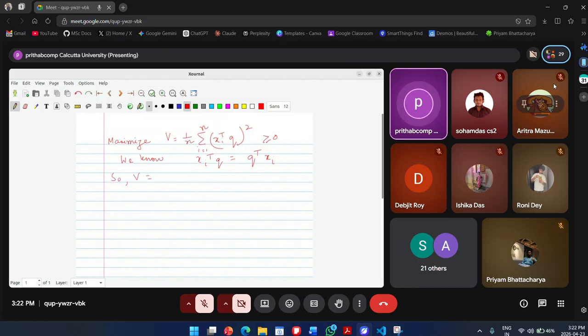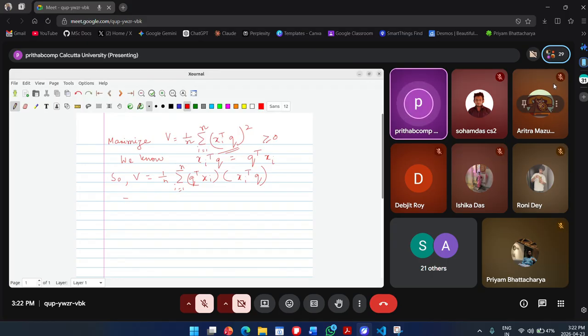So we can write v equal to 1 by n summation i equal to 1 to n q transpose xi into xi transpose q. I'm just writing xi transpose q the whole square as two things because these two are the same.